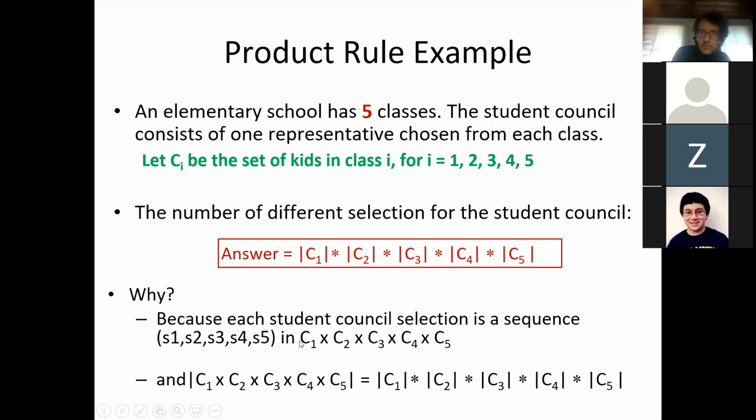Well, it's a sequence, right? Whose first element is in here, second in here, etc. And of course, you know that the cardinality of a Cartesian product is the multiplication of the cardinalities of the sets that make this Cartesian product.